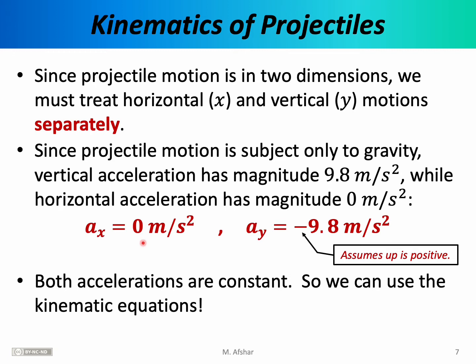In other words, no forces are pushing or pulling the object in the x direction, so the object has no reason to speed up or slow down. Its acceleration in the x direction will be 0, however, its speed or velocity in the y direction will be changing because of the force of gravity. Notice that both of these accelerations are constant, and therefore we can use the kinematic equations.